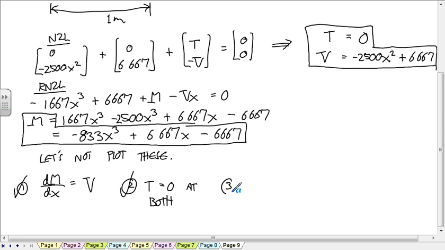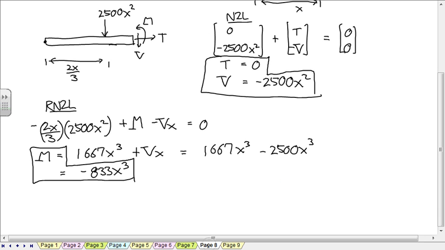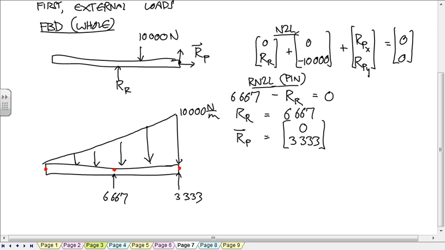Now vertical point forces. Are there any vertical point forces at either end? I can't remember. No. Yeah, there is one over at the right end, but not at the left end.